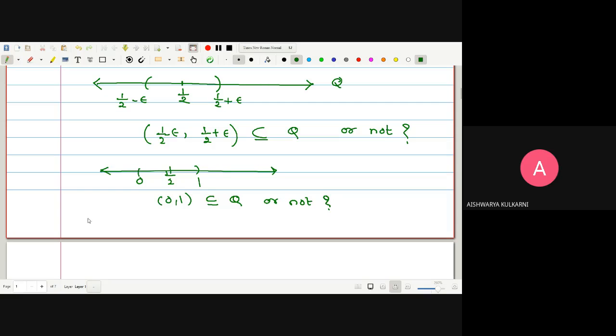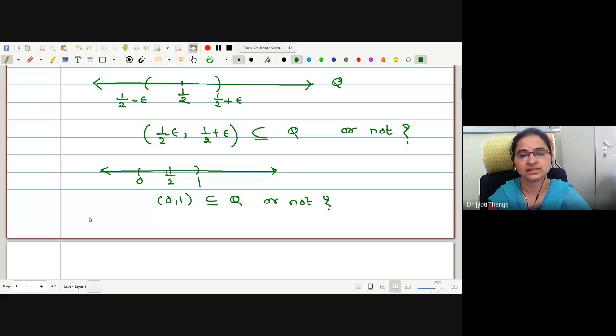No. Why? Answer no is correct. Let me make you this point clear. But I just want why this is not contained in Q. Between 0 to 1, whether all the numbers involved are rational.